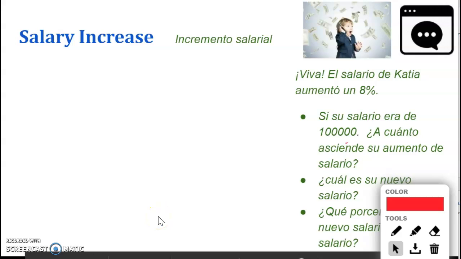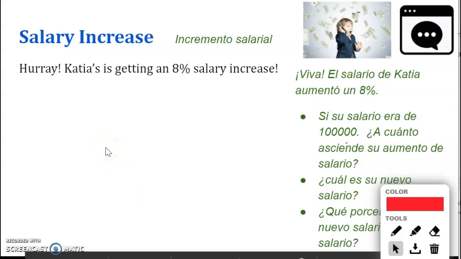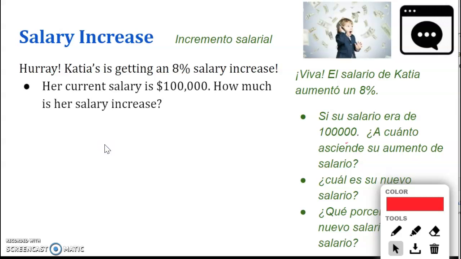So now let's look at application of percentage increase. So hooray, Katya is getting an 8% salary increase. Her current salary is $100,000. How much is her salary increase?